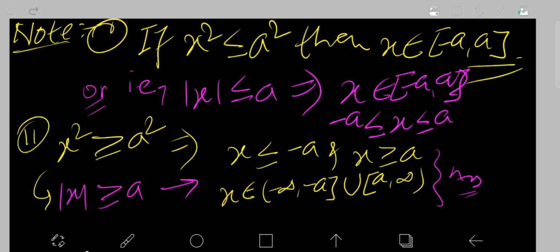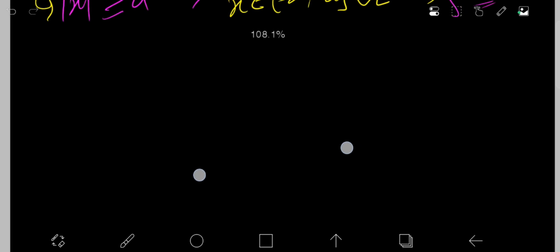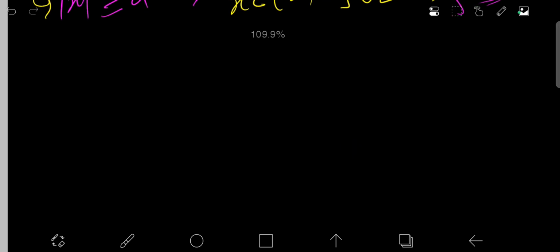Now we solve for the value of x square. How do we find the value of x square?